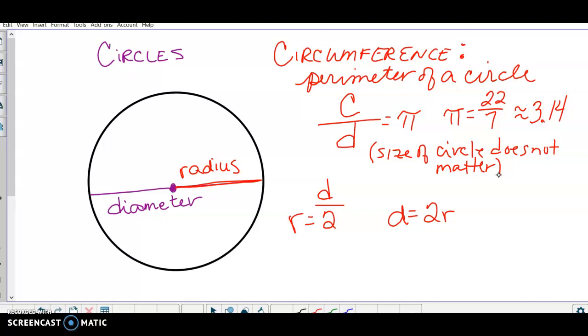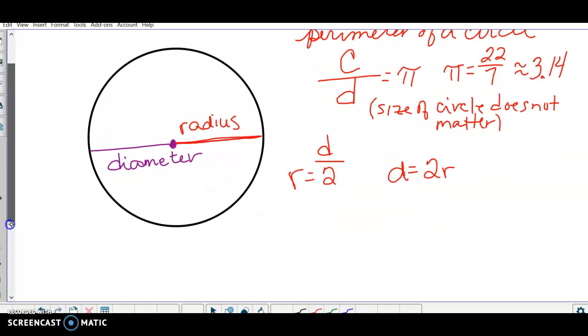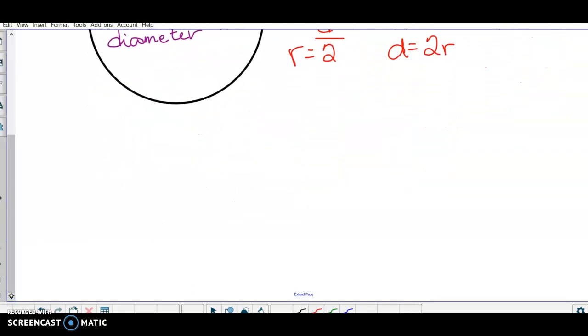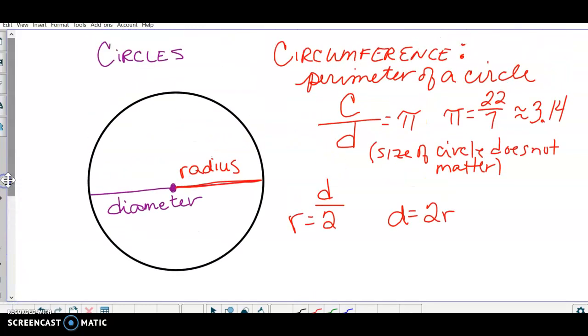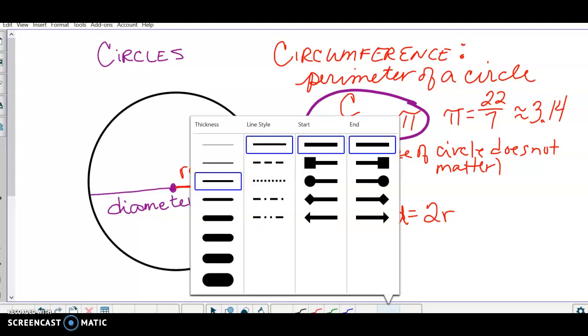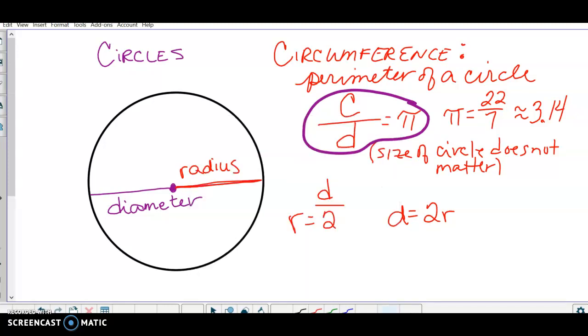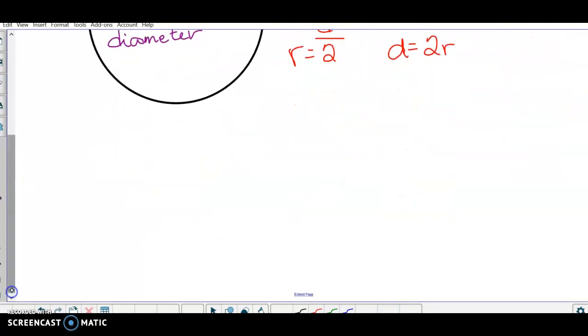So we're going to continue to look at a couple of practice problems on this, so you can see kind of what is going on. Now, I will tell you that this formula right here, pi equals circumference over diameter, is super duper important as we continue through. We need to understand that relationship between pi and circumference and diameter.